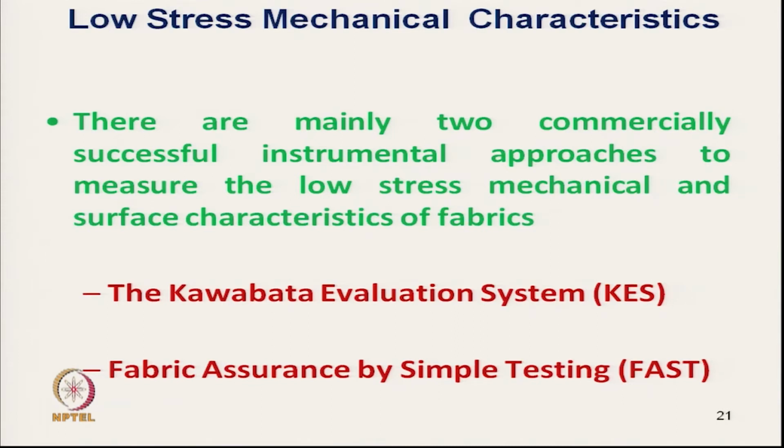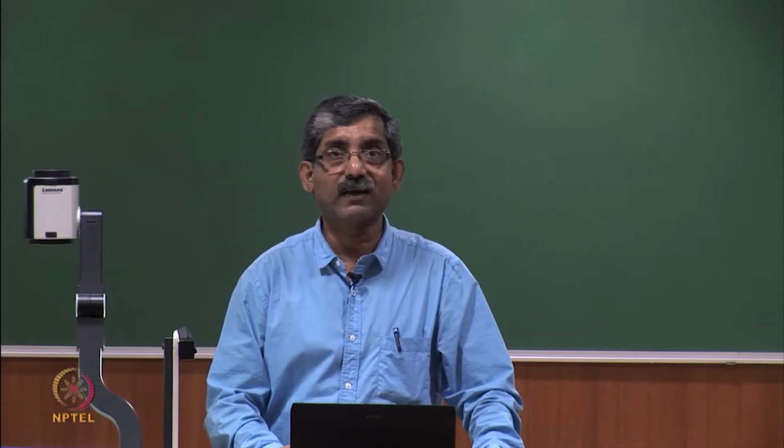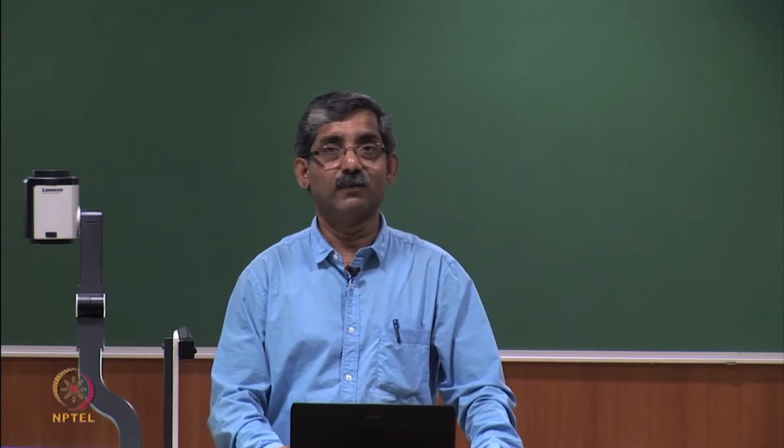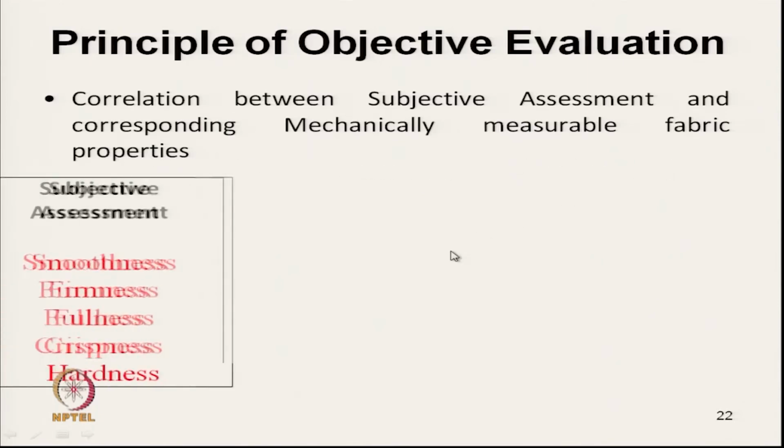KES and FAST methods are used to measure the low stress mechanical characteristics of fabrics. Earlier these were measured by subjective testing, but with these objective methods there is a correlation between subjective assessment and the corresponding mechanical measurable fabric properties.